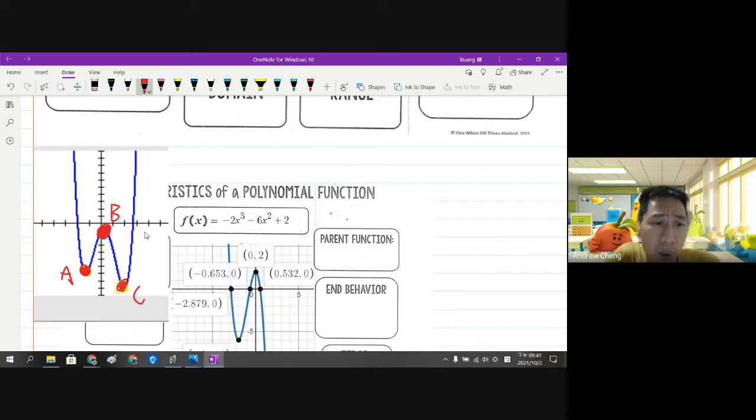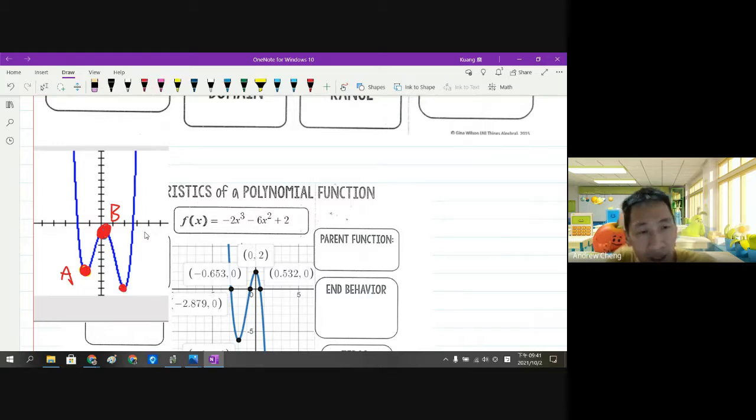It means this point is only lower than its neighborhood, lower than the points nearby, because there are some points, for example, C is lower than A, so A we can only call relative minimum. However, of all the graph, C is the lowest point on the graph.